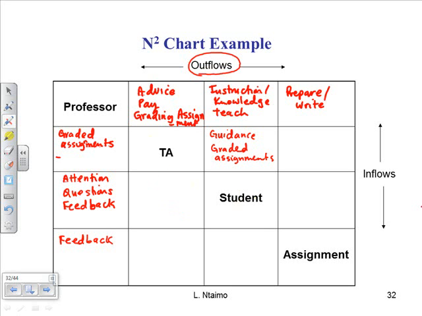The student can ask questions, right? The student can ask the TA questions. The students can provide the TA feedback, and so on. Okay, then we move on to the next cell, the TA and assignment.